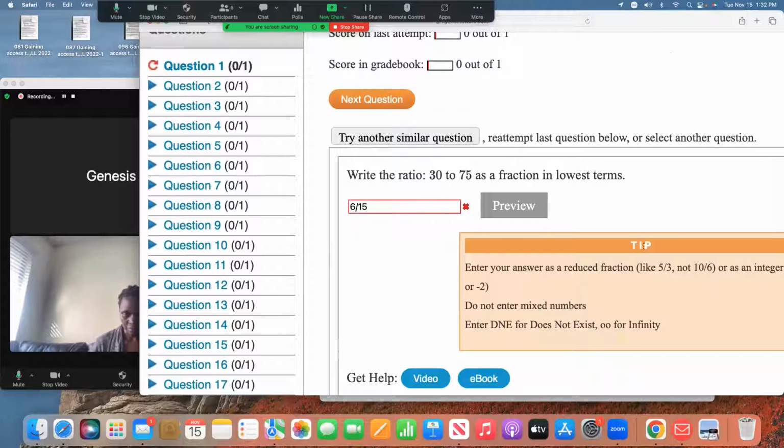And then sometimes they give you a little explanation about why they didn't like it. And the first thing they said was enter this as a reduced fraction. So 6 over 15 is not reduced. It's correct in one sense, but it's not reduced because both of those numbers can be divided again.